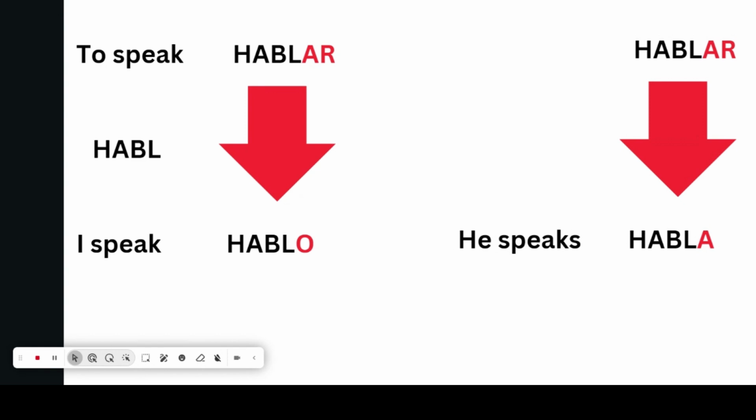That's how you know which ending you need, because you have to understand the appropriate verbal ending. We're going to add that to the stem once we've removed the infinitive ending, right? So this is the process for present tense regular verbs.